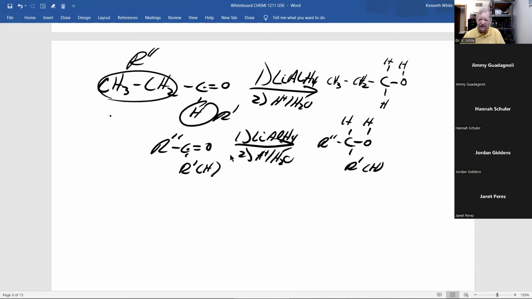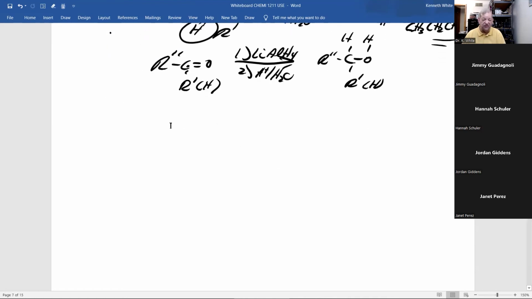And I could have also written it this way, and now you see it's an alcohol. And that's the beauty of lithium aluminum hydride. And that's why H.C. Brown got a Nobel Prize, because it was a great advancement.